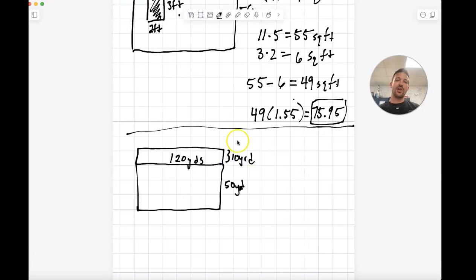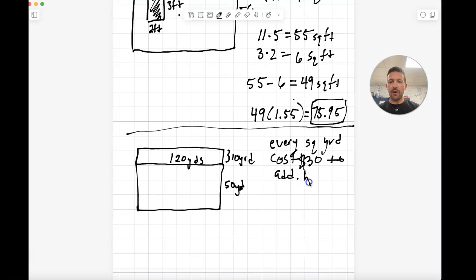And let's say every square yard costs, who knows, like $30, for the turf to add. How much will it cost to extend?